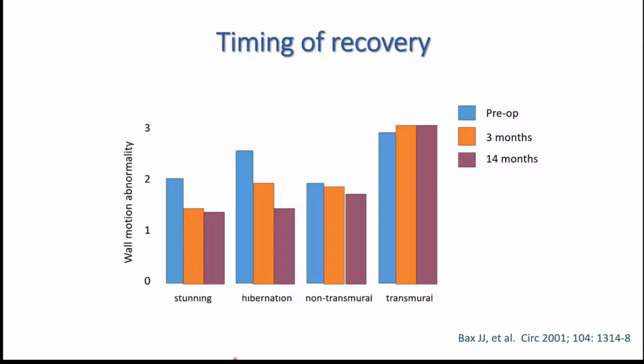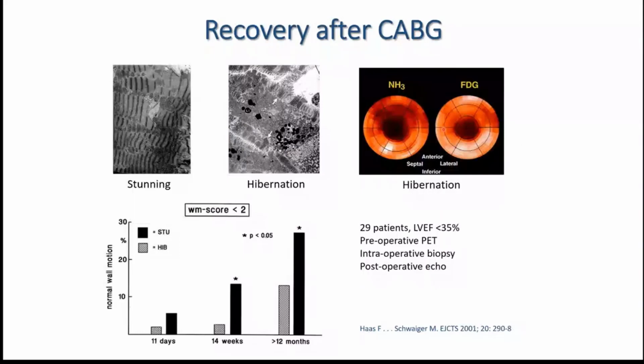Here are some echo studies from Leiden, again with pre-op assessment of function by echo, 3 months and 14 months, an area said to be stunned, hibernating, non-transmural or transmural scar, where the stunned myocardium improved in function immediately, and later hibernating myocardium improved a bit, but up to a year needed for further improvement, and scar, non-transmural or transmural scar, did not improve significantly. And the PET literature has similar findings.